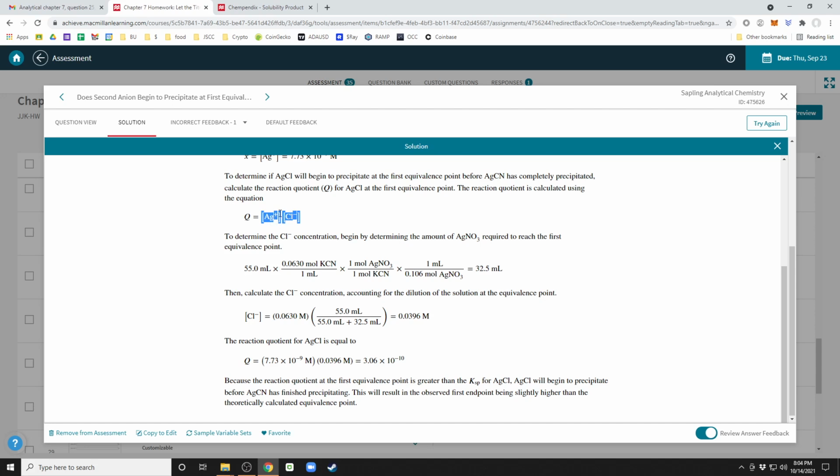Well, they would get used up to precipitate the salt. Hopefully that helps. Anyways, so our KSP is a smaller value than our Q in this case. That means the reaction is going to favor the precipitation, and that means that we will get some AgCl precipitating before we can finish precipitating all the AgCN.